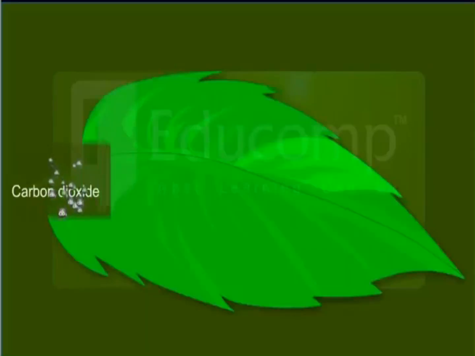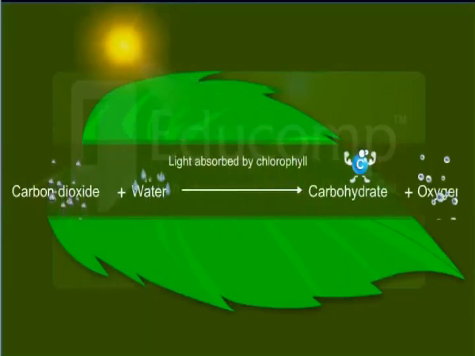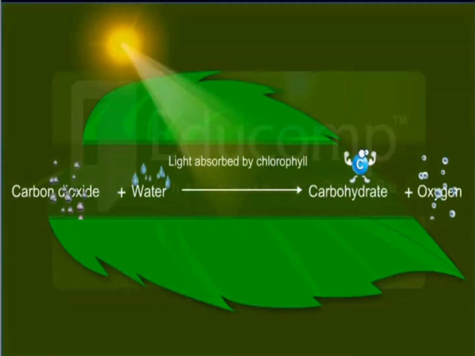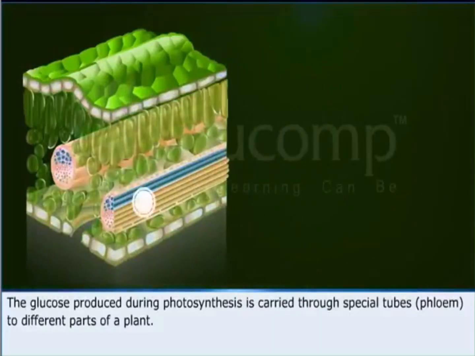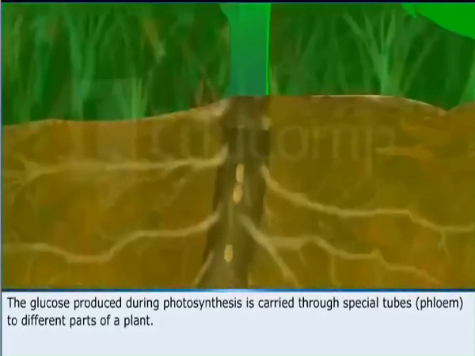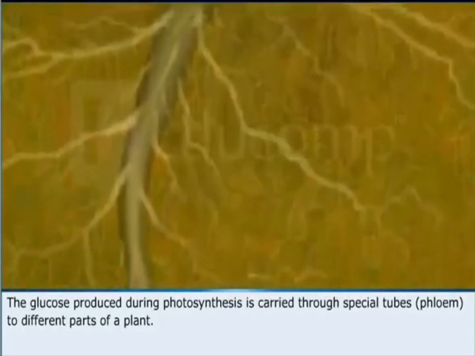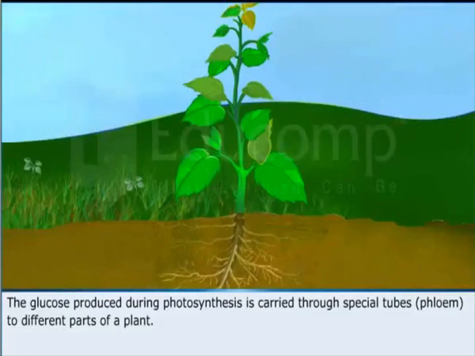Here is an equation that summarizes the process of photosynthesis. The glucose produced during photosynthesis is carried through special tubes to different parts of a plant.